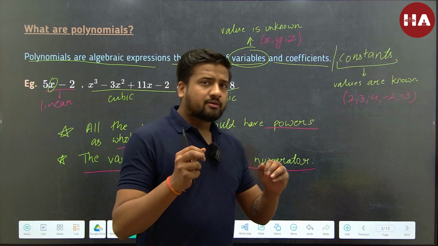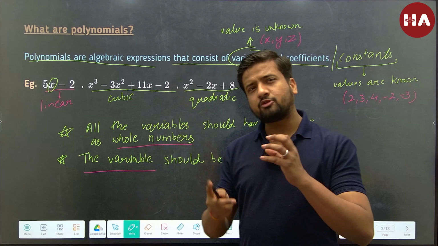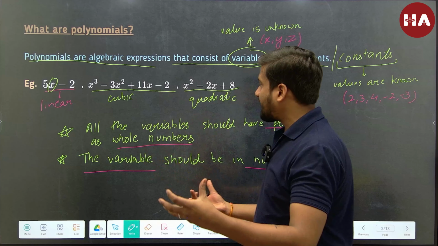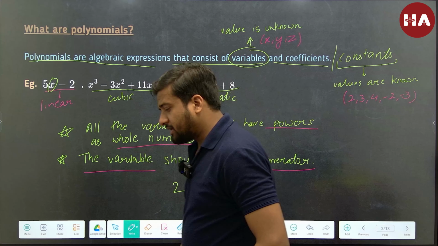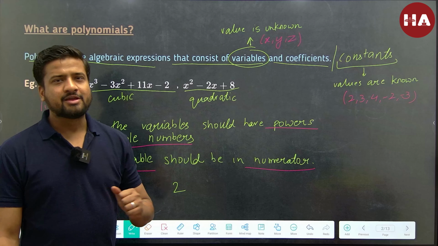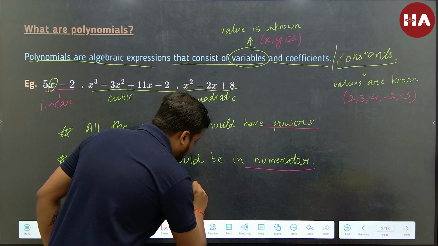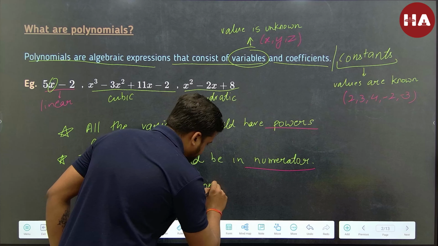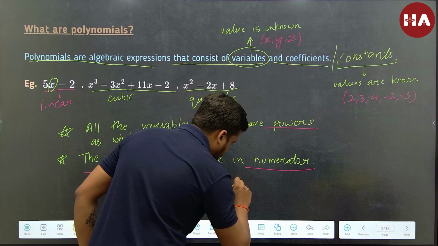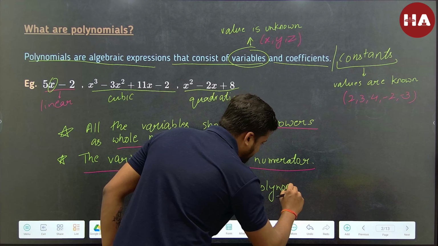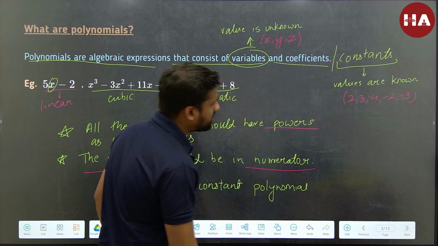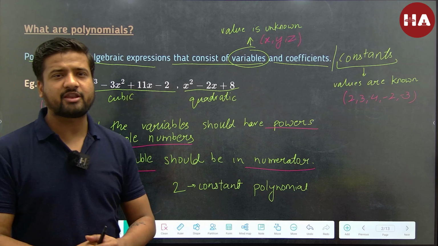Now there's a very basic question that can come: is 2 a polynomial? Yes, it is. 2 is an example of a constant polynomial. Now many of you might say, how can it be a polynomial? It doesn't even have a variable.